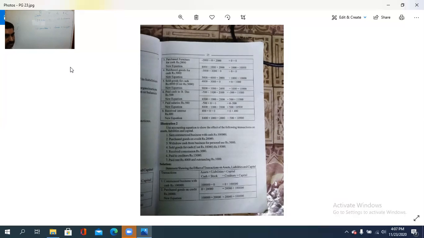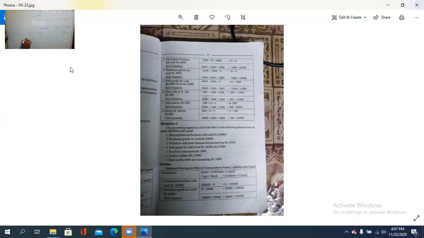Then, the third case: withdrew cash from business for personal use. So cash is being withdrawn. Here, the cash withdrawn is 5,000, and that is taken out of the capital and also the cash.